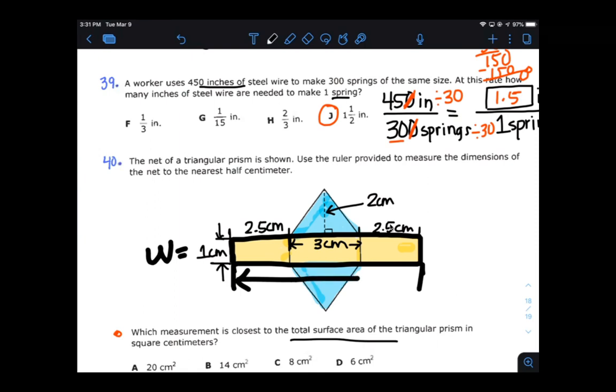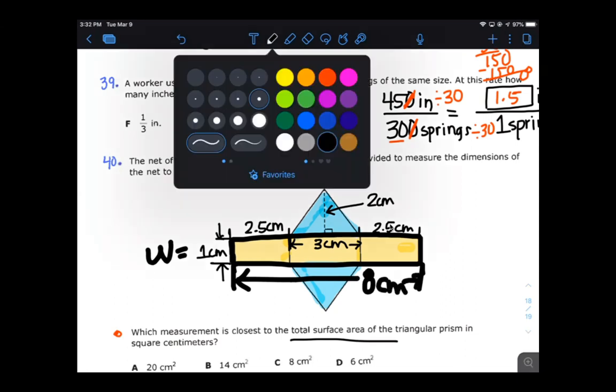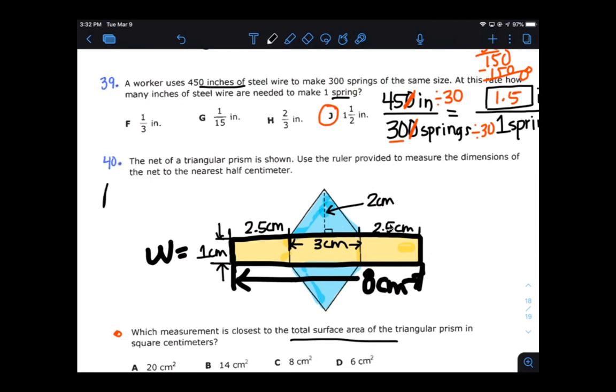The length is 8 centimeters. To get the area of a rectangle, we just multiply length times width. The length is 8, the width is 1. So the area of this large rectangle, the yellow one here, is 8 square centimeters.